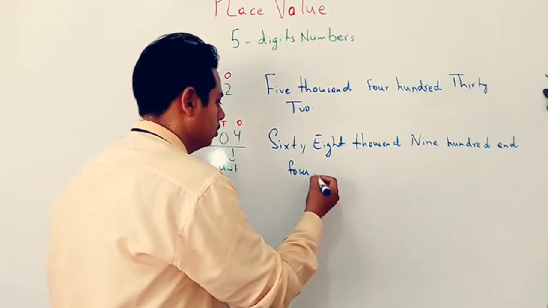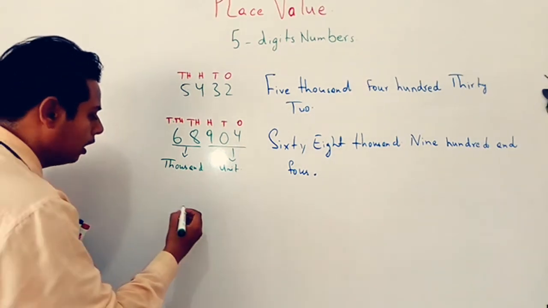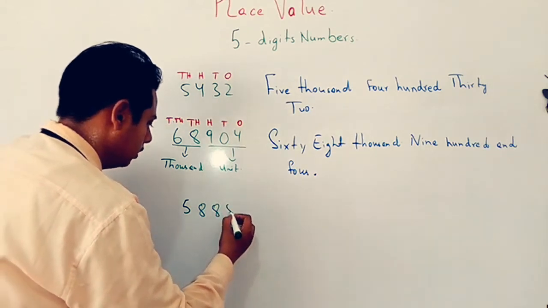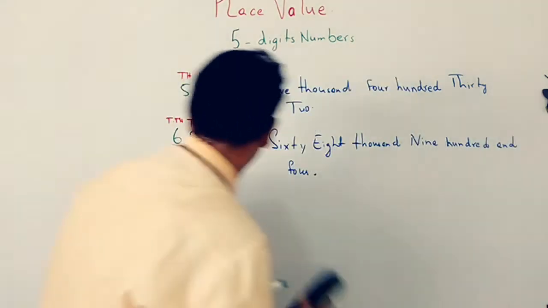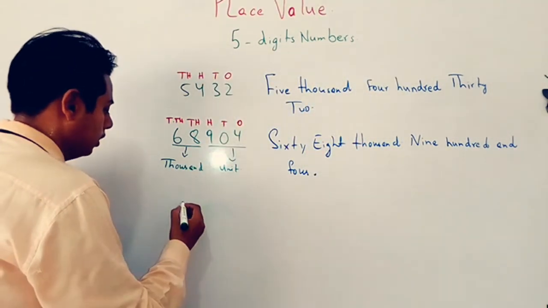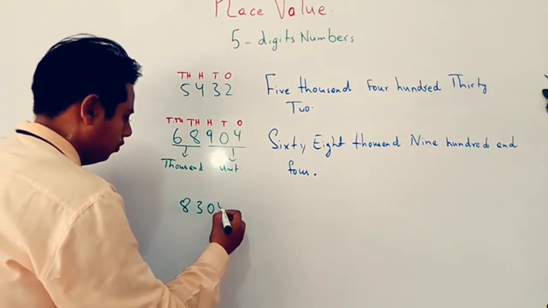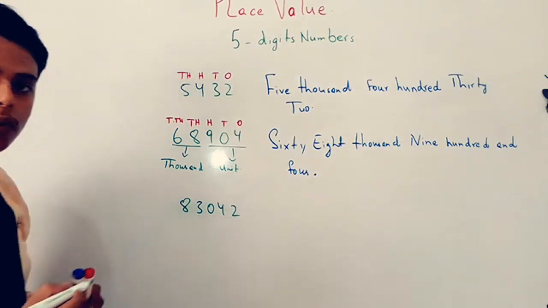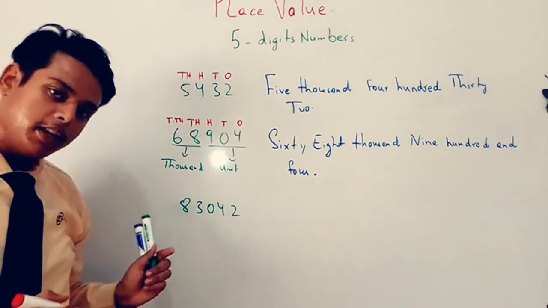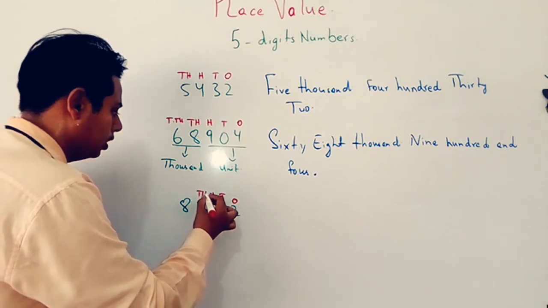One last example I am doing, one more number, then we will move on to the next thing. I will change the number. The number is 83042. First step: mark the place values. Ones, 10, 100, 1000, 10,000.